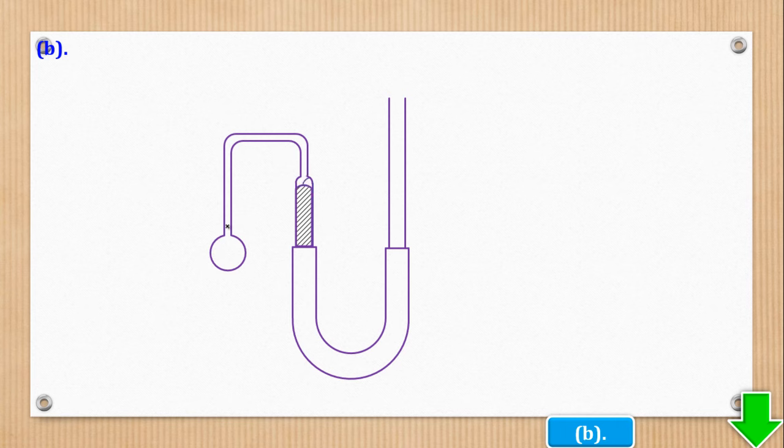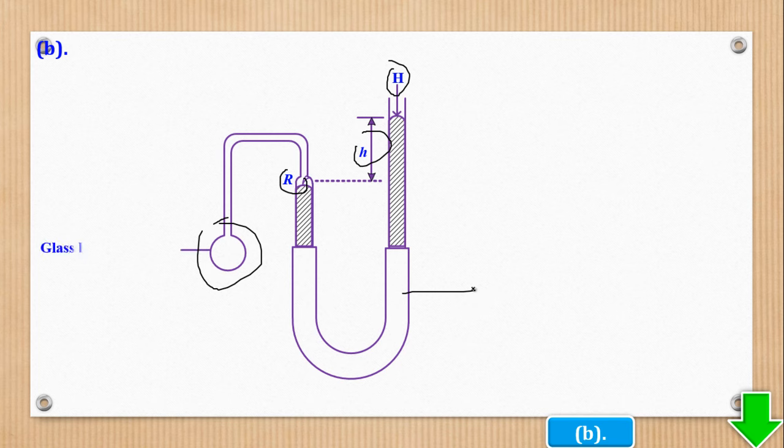So this is a bulb, this is a reference mark, that point you see here to help you identify the level. Then this is the atmospheric pressure, mercury, difference in levels of mercury, and flexible rubber tubing.